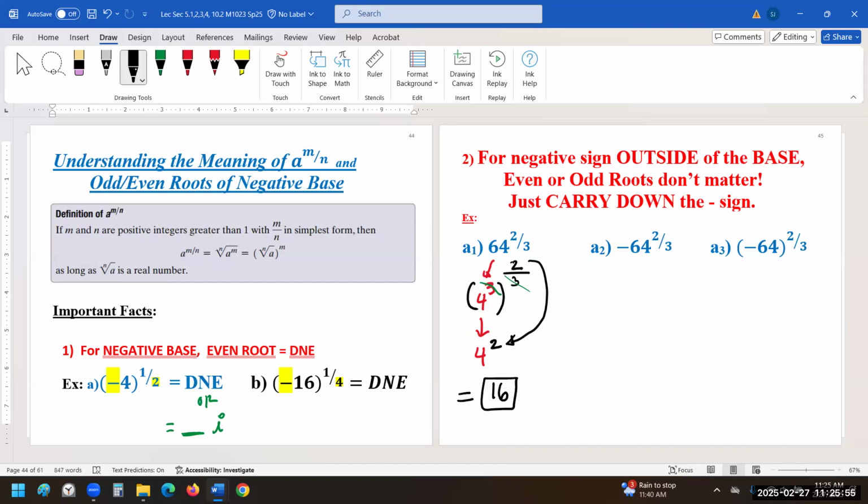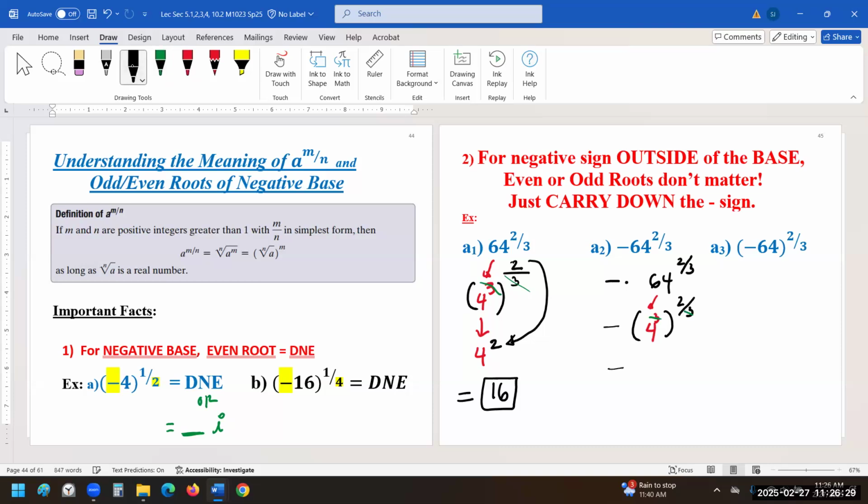So all of them will have the answer 16, but depending on whether you have parentheses or not, your sign will be different. Here it's negative times 64 to the 2/3. So it's negative, we do the same thing. We rewrite 64 as 4 cubed. So the 3 cancels out.